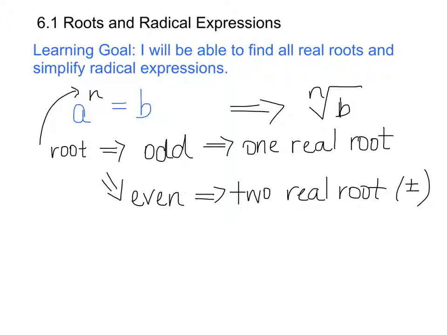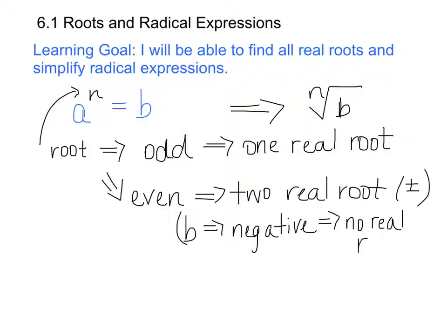And if your b, or the number underneath, is negative, and the root is even, then there'll be no real roots. Okay, so that's only if your root is even.